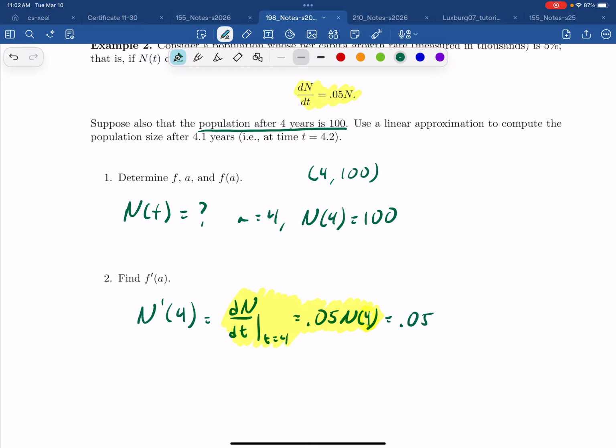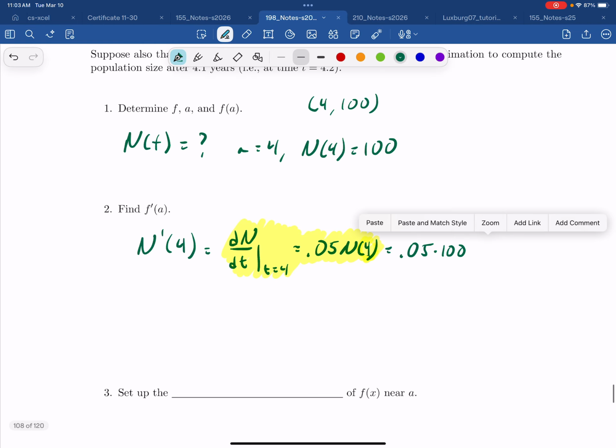And then this is 0.05 times 100, because n of 4 equals 100. And that's going to equal 5. So we get 5.